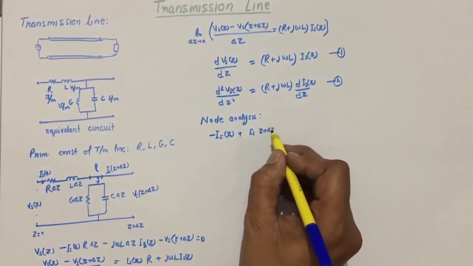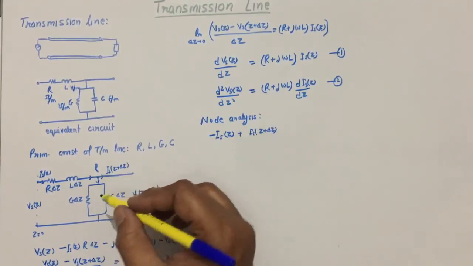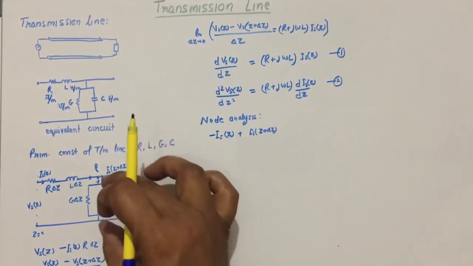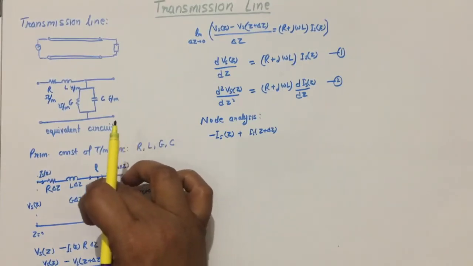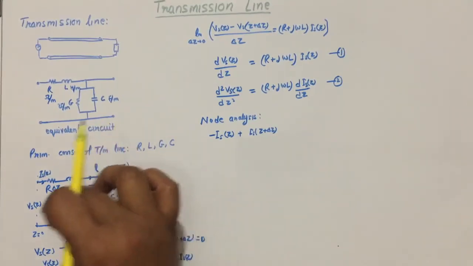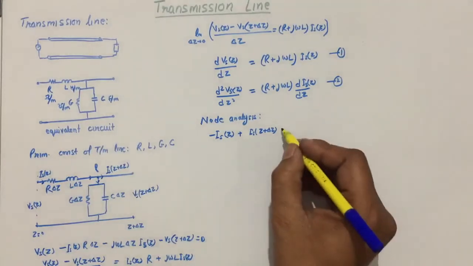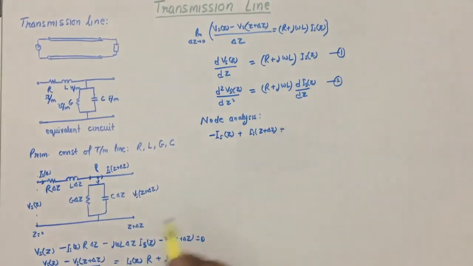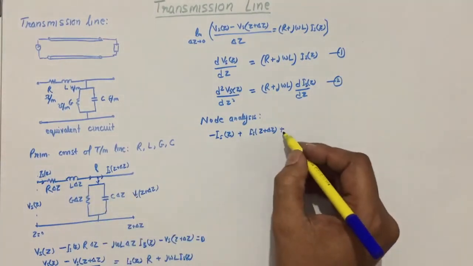And the current that is flowing here, we can consider the voltage across this multiplied with this conductance. The current is again leaving, so it will be positive here.